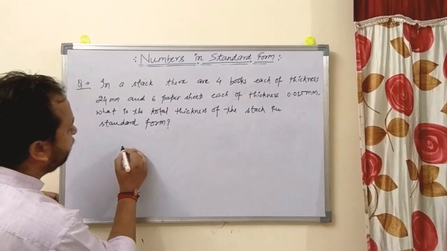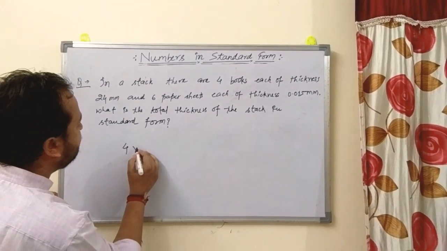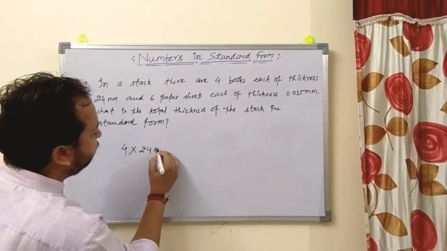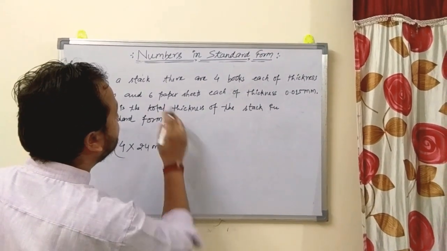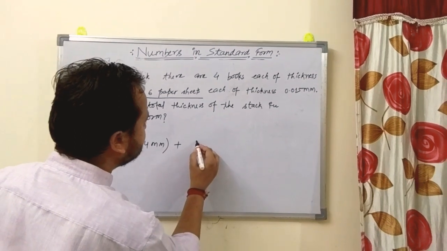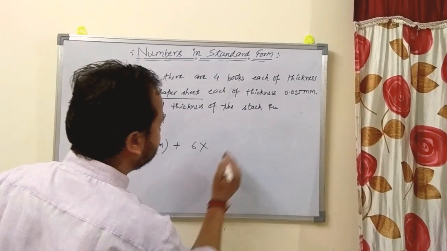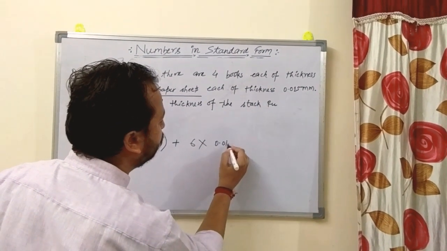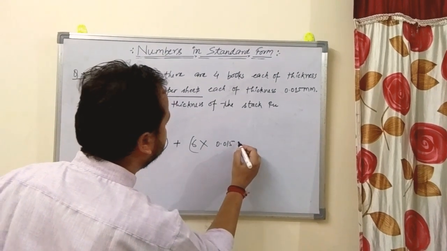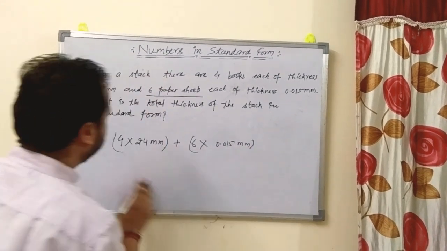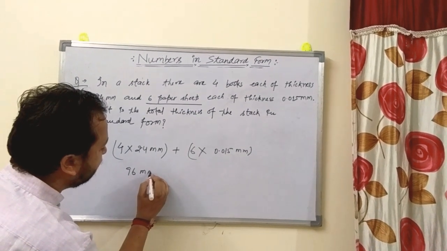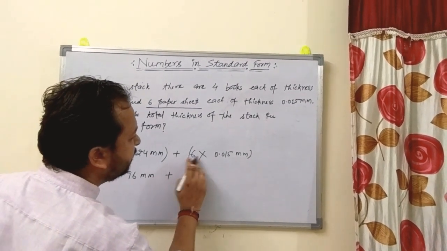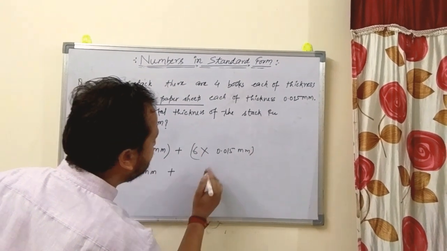So there are 4 books and each of thickness is 24 millimeter, plus there are 6 paper sheets and the thickness is 0.015 millimeter, right? So 4 times 24 is 96 millimeter plus 6 times 15 is 90.